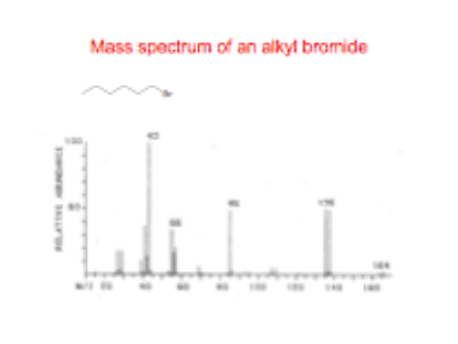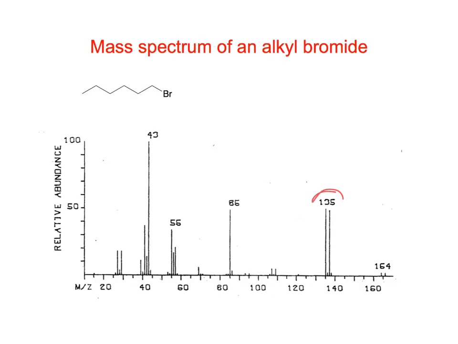All right, so here is, I don't know how many carbons, 1, 2, 3, 4, 5, 6, 1-bromohexane. The things that we can easily see are here at 164 and 166, right? So this is the M and the M plus 2.